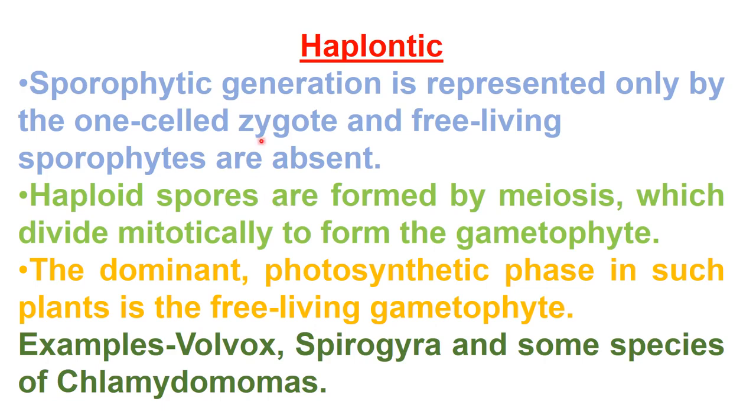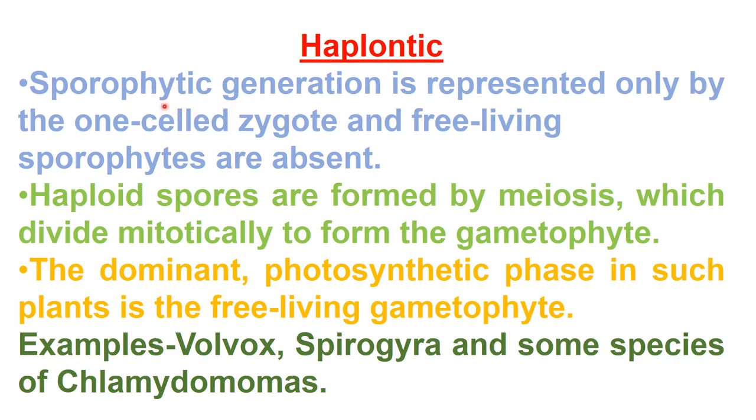So first is the haplontic type of life cycle. Here the sporophytic generation is represented only by a one-celled zygote. The sporophytic generation means the diploid phase. So the diploid phase in the plant life cycle is represented by a one-celled zygote, means it is unicellular.